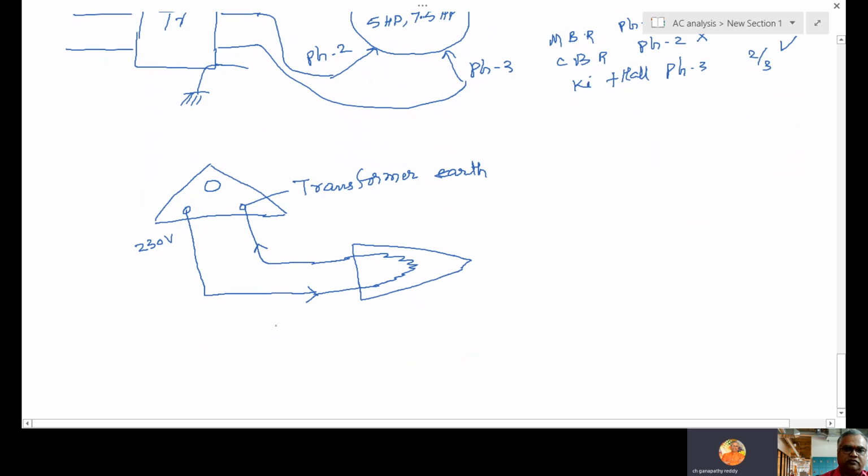What will happen if suddenly this filament touches the body of the iron box? When you are ironing, you may touch this body. We are standing on the ground, and internally the filament touches the body by fault.